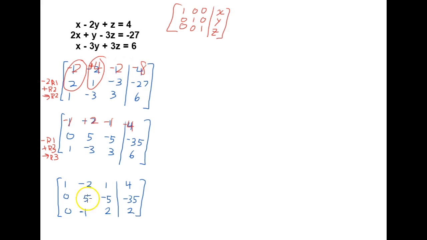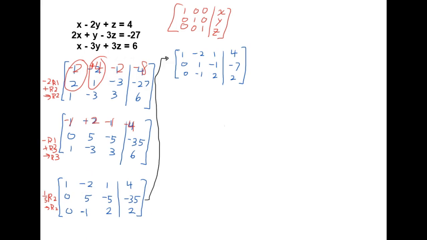So we're just going to multiply this row by some multiple to get this to be 1, or divide it by 5. So I'll say multiply by 1/5. 1/5 of row 2, and that will replace row 2. Okay, so now we are going to change the numbers in row 2.